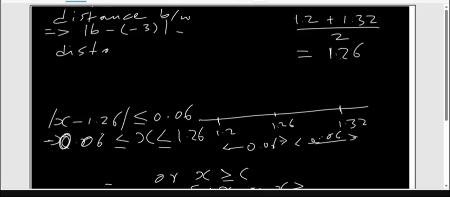So in each case, when we add 0.06 to 1.26, we are going to have the extreme value for x. And when we subtract 0.06 from 1.26, we are going to have the other extreme value for x.